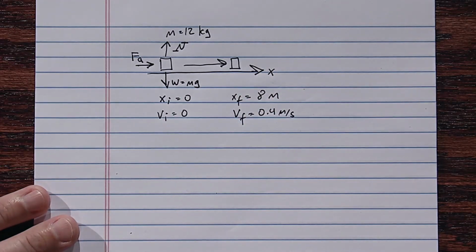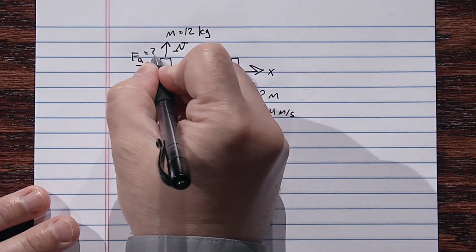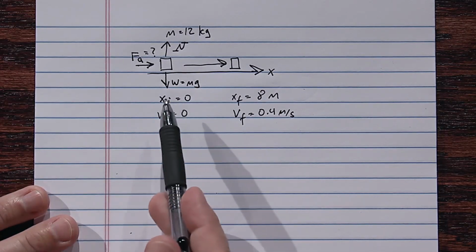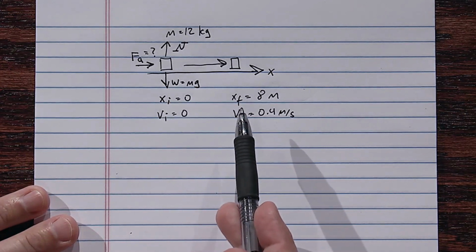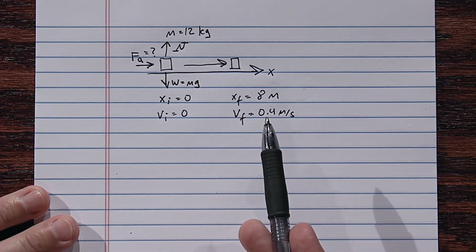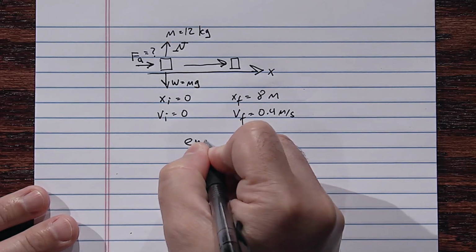Put my units there. And what we're asked for is the magnitude of the force with which they pushed. So we have an object that changes its position, changes its speed. We can recognize that this is an energy situation.